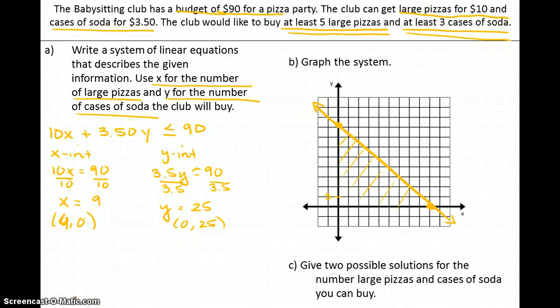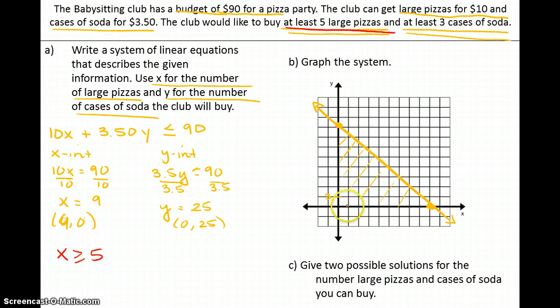Some other information that we underlined was that we want to buy at least 5 large pizzas. At least 5 large pizzas. Knowing that we're using x for the number of large pizzas, and we want to buy at least 5 of them, my inequality will be x is greater than or equal to 5.